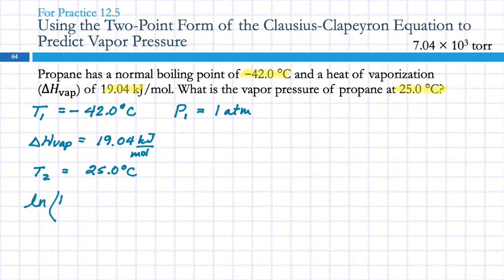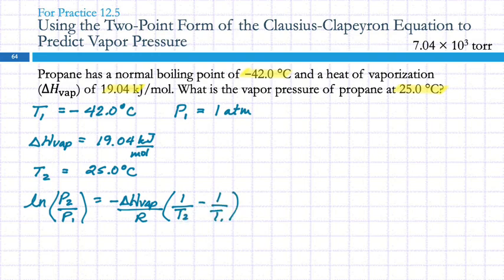The natural log of P2 over P1 is equal to negative delta H over R times 1 over T2 minus 1 over T1. And this is kind of a mess, isn't it?